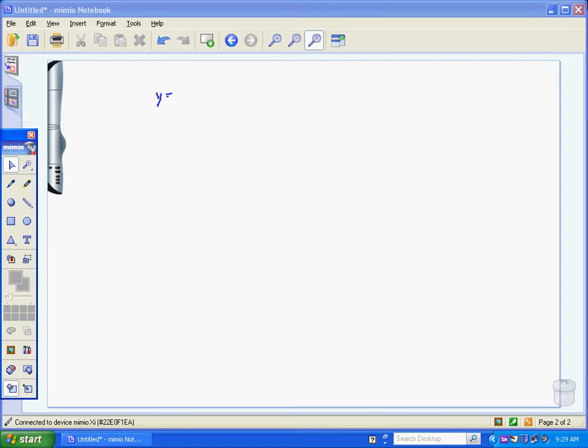We let Y equal the maximum profit, right? And X, obviously, Caitlin, it's saying what's the number of additional seats? So let's make X the number of additional seats. Okay? So there it is.